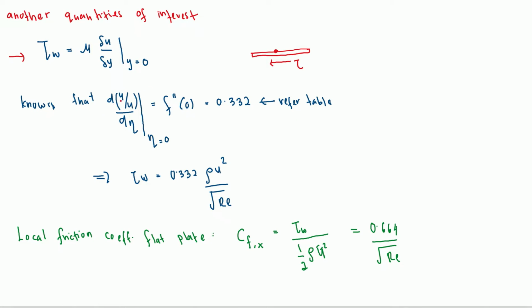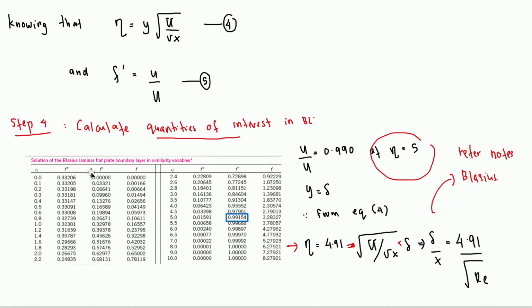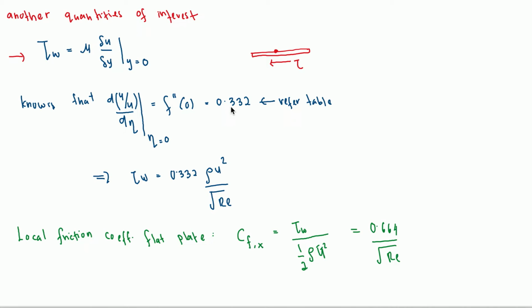Knowing that the differentiation of this will give you f double prime at eta equal to 0, if you refer to the table, when eta is equal to 0, the value of f double prime is 0.33206, so 0.332. Then I put this figure here, so this equation becomes tau is equal to 0.332 rho U squared over square root of Reynolds number. If you get confused, please refer to Blasius's exact solution in our previous class.